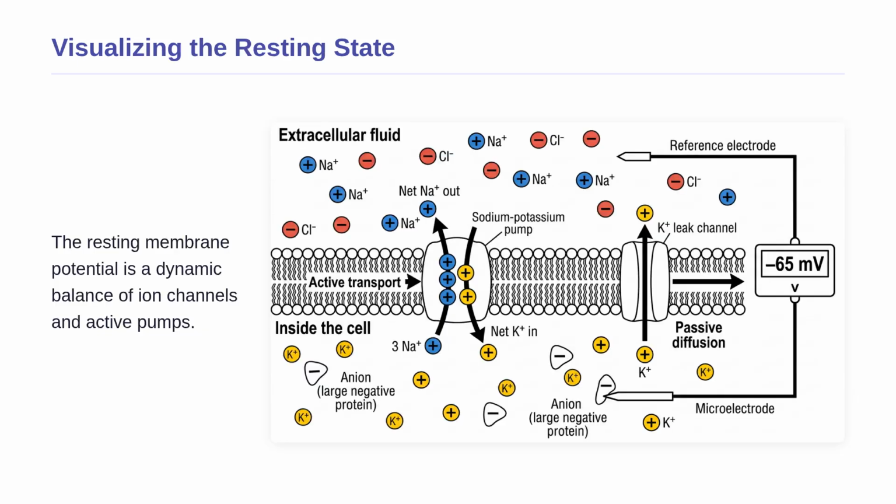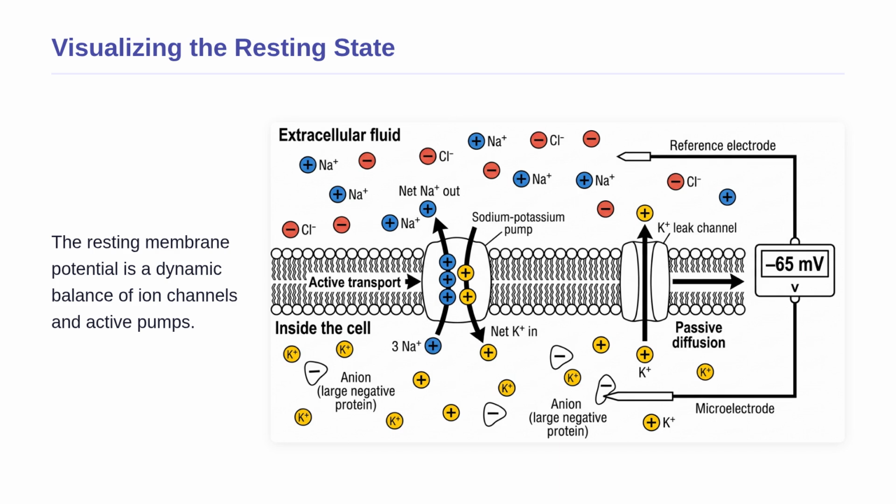Now that we have calculated the potential, let us look at a visual representation of this resting state. On the screen, you are seeing a cross-section of the neuron's cell membrane. Notice the extracellular fluid at the top, which is packed with sodium ions, and the inside of the cell at the bottom filled with potassium ions and large negative proteins. Look at the sodium-potassium pump embedded in the membrane.